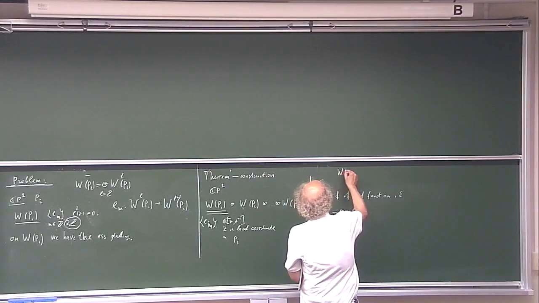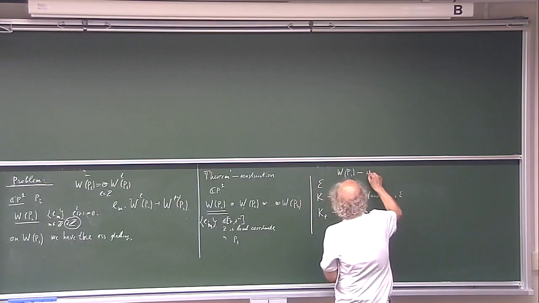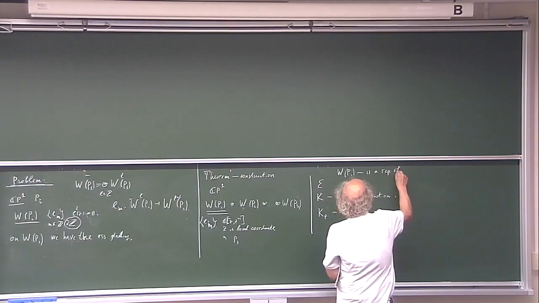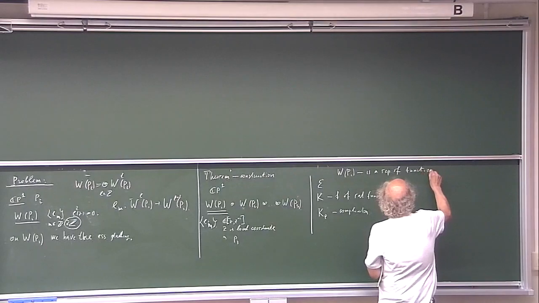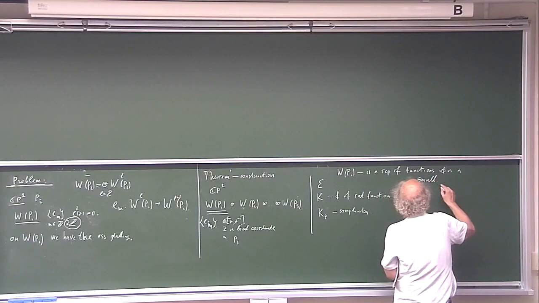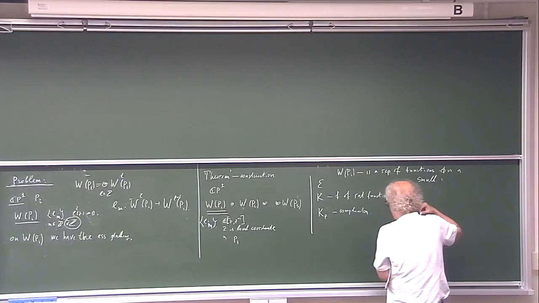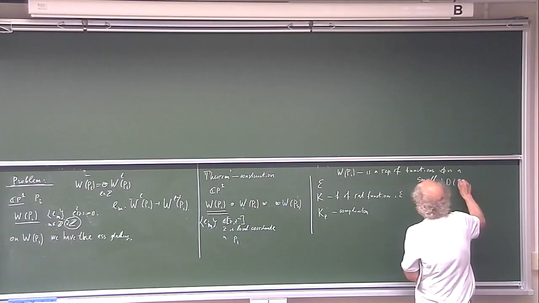so W pi I is a representation of functions on a small vicinity of this point. In my notation of first lecture, it was dpi.